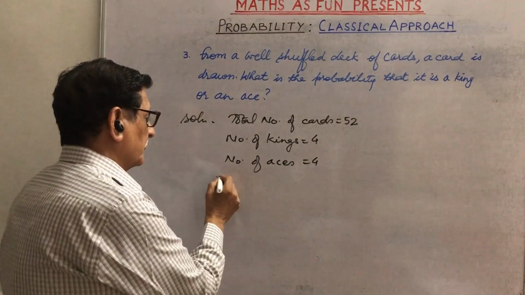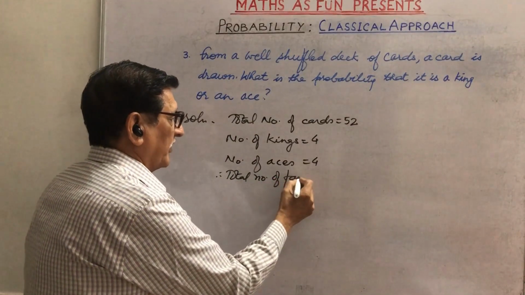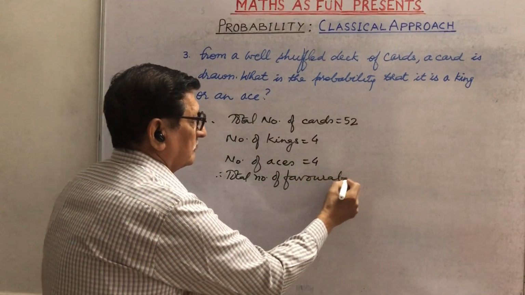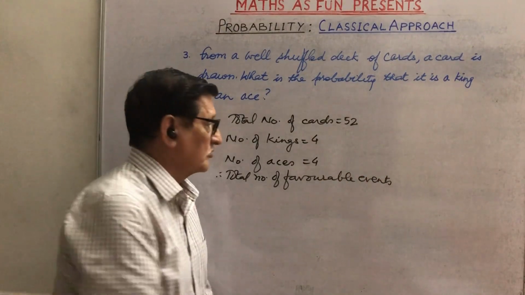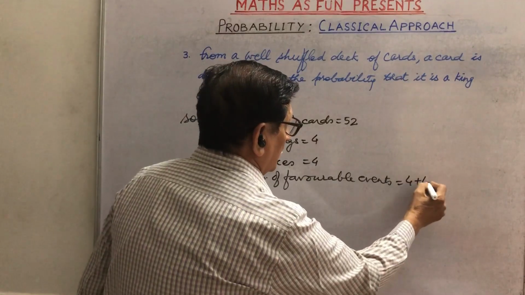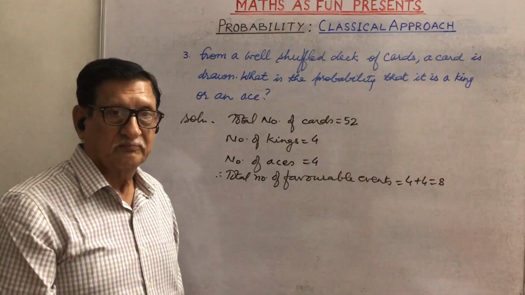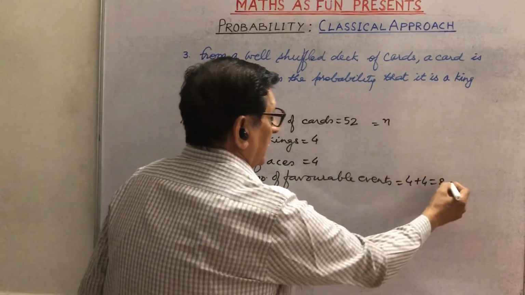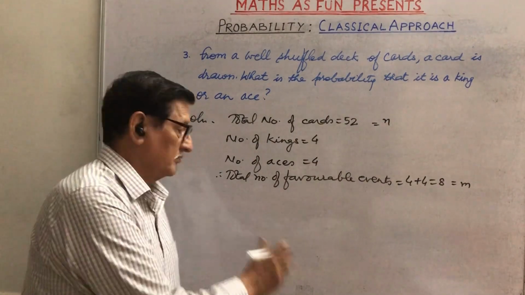So we can write, therefore, total number of favorable events is equal to 4 plus 4, that is 8. This can be considered as m and the total, 52, as n. And what is the probability then?